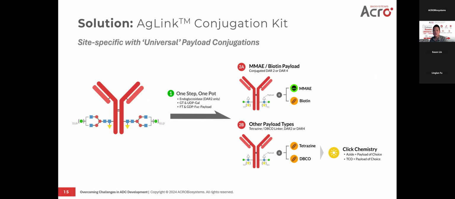Another method is adding the tryptophan or DBCO linker. Subsequently, you can add the payload of your choice using either azide click chemistry or TCO to conjugate the antibody. Overall, either method gives you a site-specific method to produce a homogeneous ADC with payload in either DAR2 or DAR4 manners.